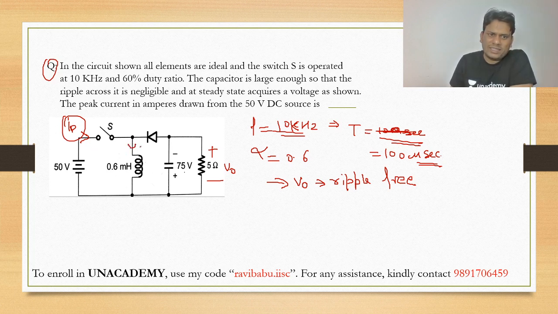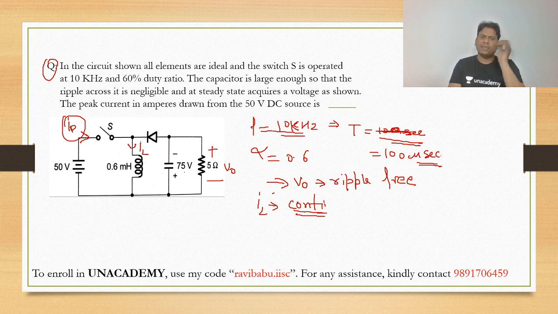But before that, somebody can tell me whether this IL is continuous or not. So see, capacitor is large enough, steady state, switch opens. Nothing more is given, but according to that criteria, volt second, this IL will come continuous only. Now dear, for the buck boost converter, what will be the ripple formula?